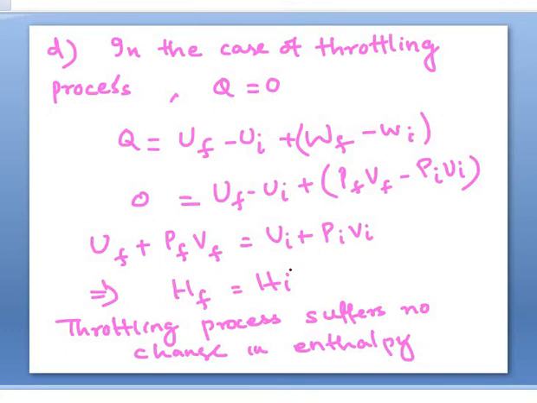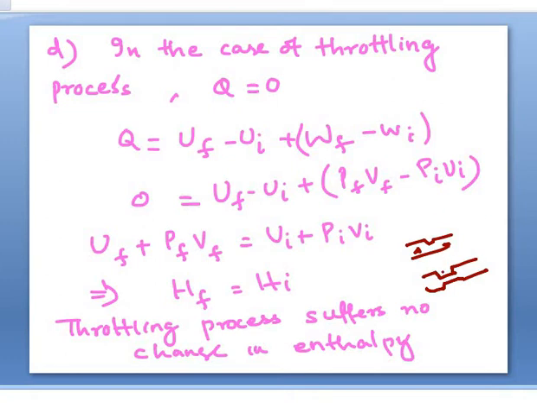So Hf is equal to Hi, where H is the enthalpy. That is the case for a throttling process. In a throttling process, what happens? A high pressure fluid, if you are using a valve or a capillary, that is a small tube, is converted to low pressure.